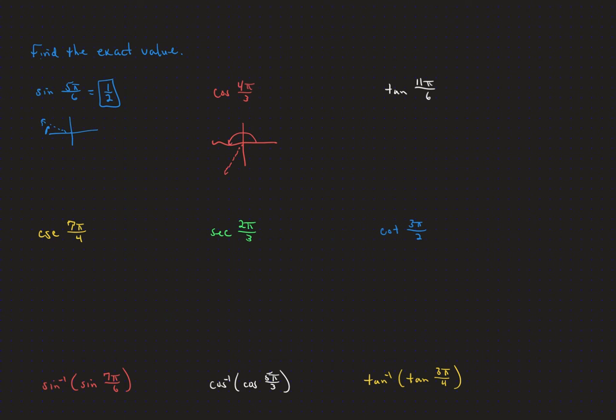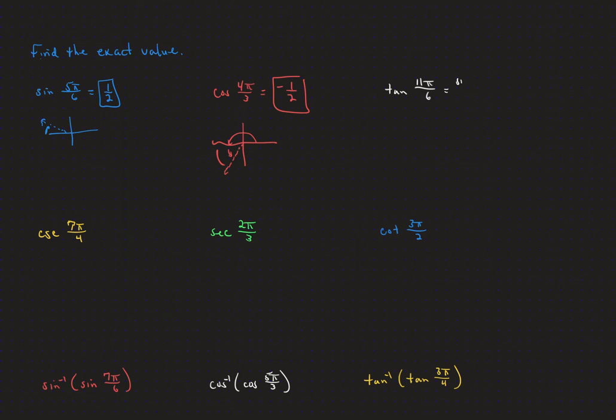There's 1 and 1/3 pi, so our reference angle is pi over 3. Cosine of pi over 3, it starts big and gets small, so that's going to be a 1/2. And in quadrant 3, cosine is negative, so that's going to be a negative 1/2.